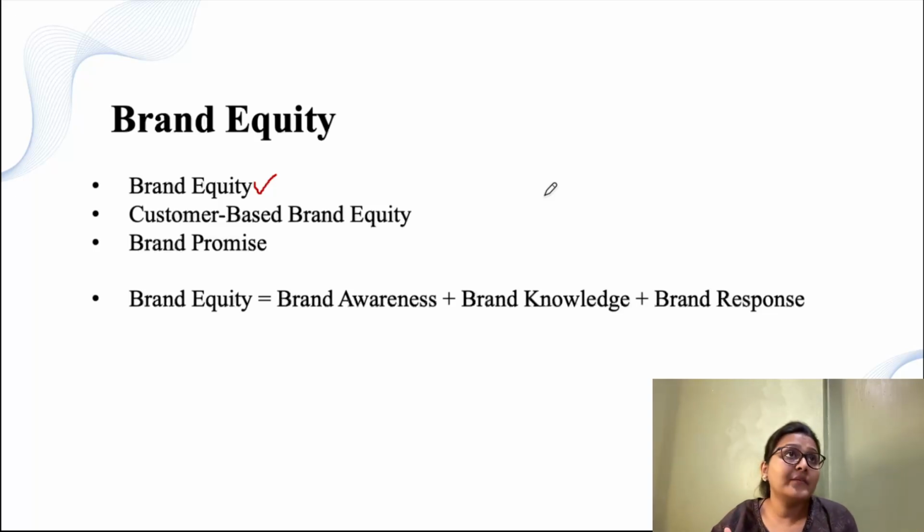Now, how can we identify that brand equity exists? It is how the customers think, how they feel, and how they actually act towards the brand. It shows up in things like higher prices of the product. Even if the brand is selling its products at much higher prices, the customers are willing to buy the products.